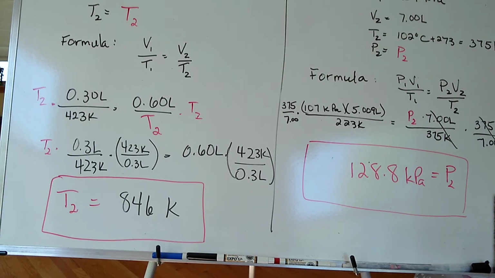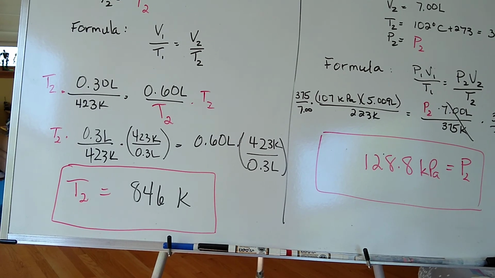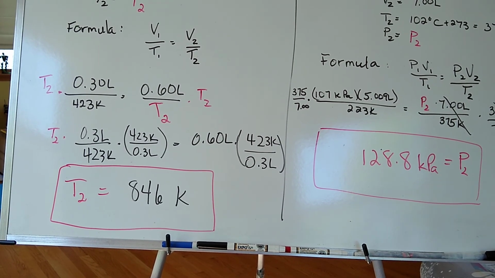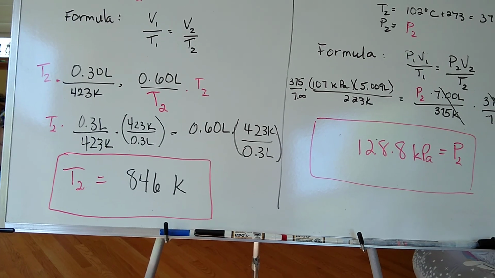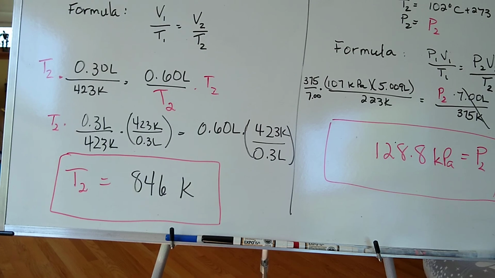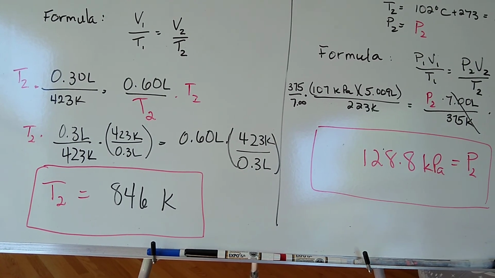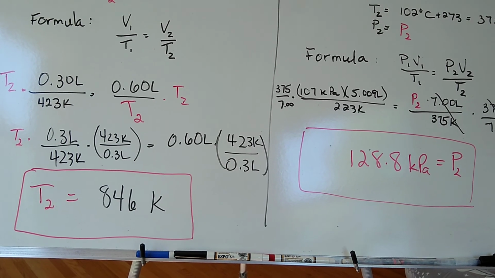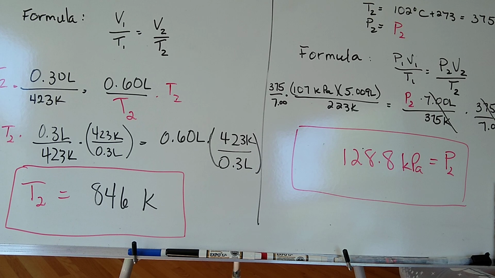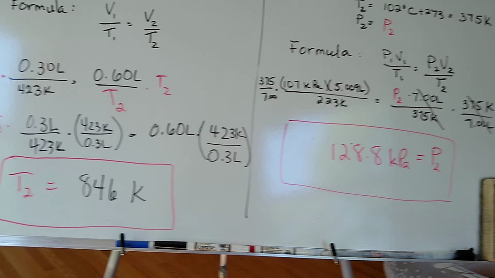So this one's complicated because your unknown variable is in the denominator. Multiply both sides by that unknown to get it in the numerator, but it ends up on the other side. Multiply both sides by the inverse of the fraction on the left side of the equation. So you end up with T2 equals 0.6 liters times 423 Kelvin divided by 0.3 liters.